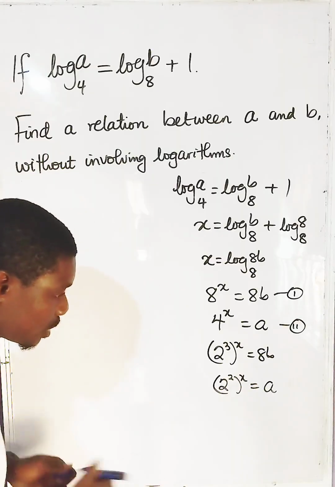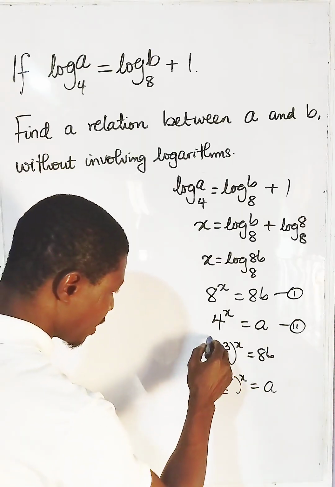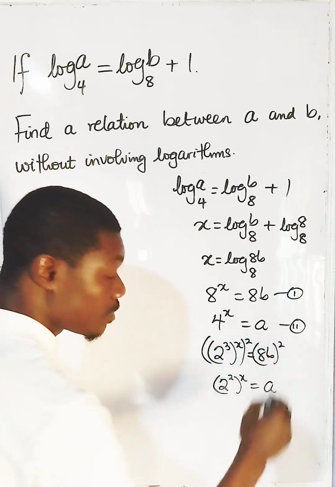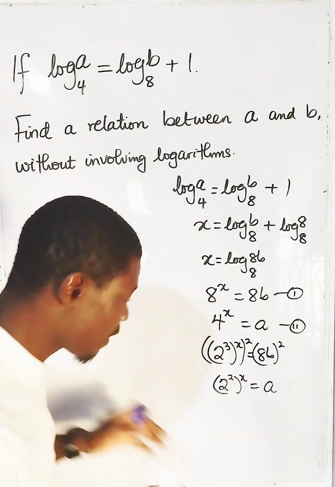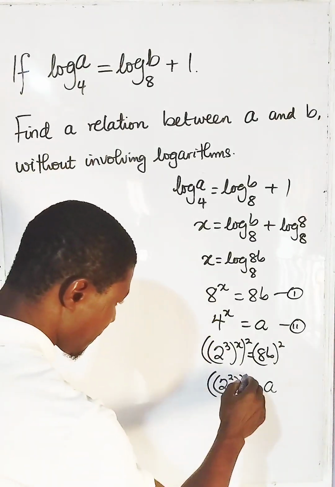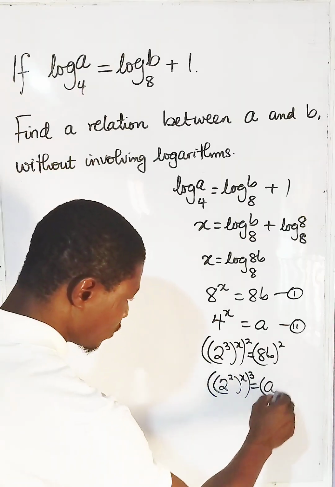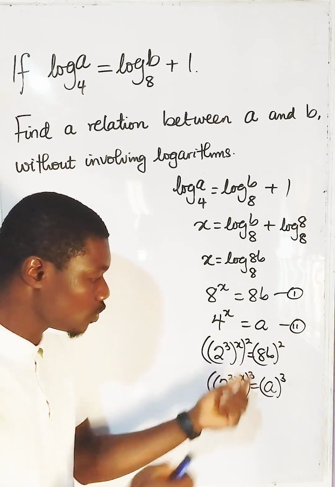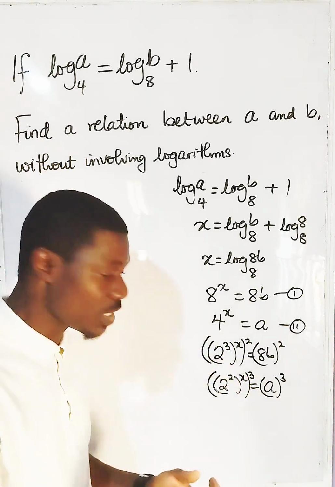Now let us do this. Here, let's raise this by 2, which means we'll also raise the other side by 2 to ensure equality. And here by 3. According to the law of indices, the exponents multiply each other.